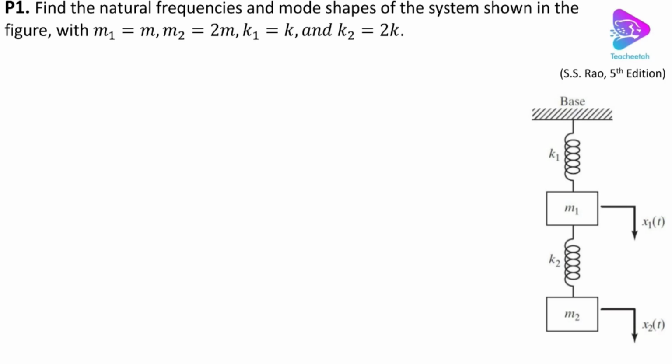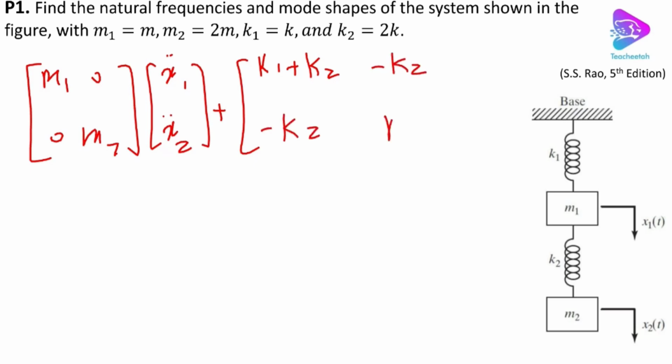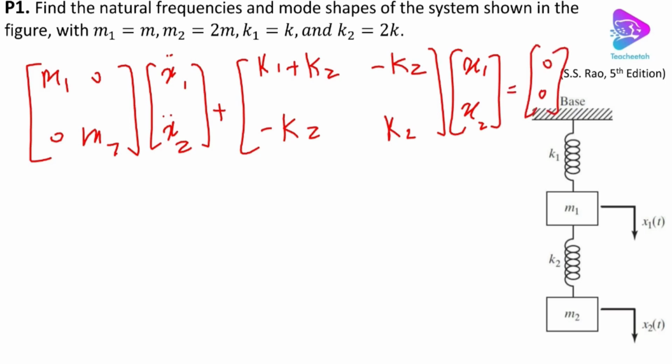We found the equation of motion in a matrix shape of m1, 0, 0, m2, times the accelerations x double dot 1, x double dot 2, plus the stiffness matrix, K1 plus K2, minus K2, minus K2 and K2, times X1 and X2, and then we set it equal to 0, because it's a free vibration.